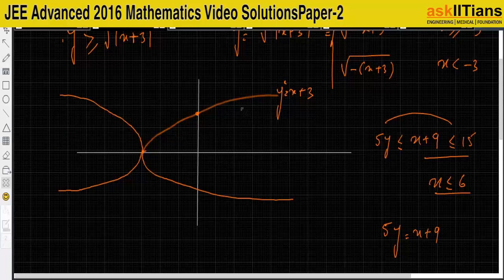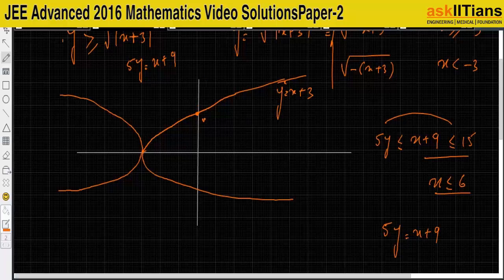Actually, let me draw this curve a bit like this. So which is this line? This line is 5y equal to x plus 9. If I put x equal to 0, I'll get y as 9 by 5.